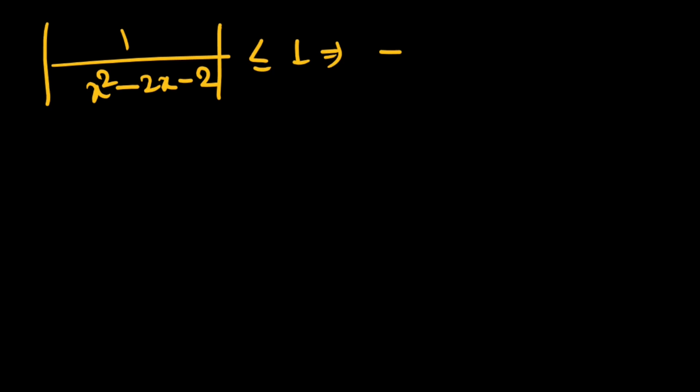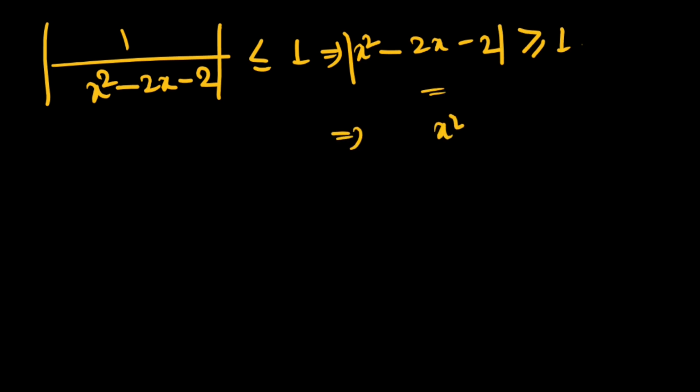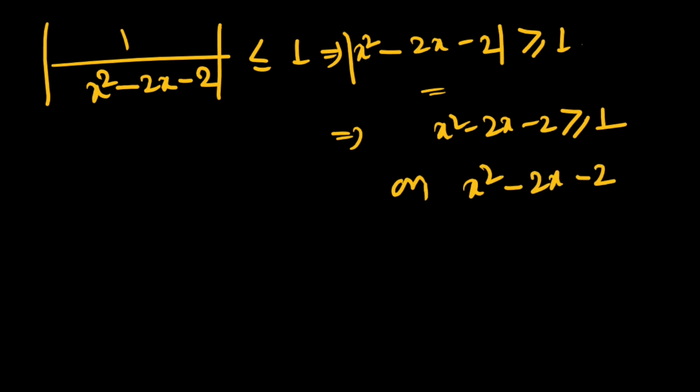So that means the modulus of x square minus 2x minus 2 is greater than or equal to 1, when we multiply it out. Therefore, x square minus 2x minus 2 is greater than or equal to 1, or x square minus 2x minus 2 is less than or equal to minus 1. So these two cases we study.